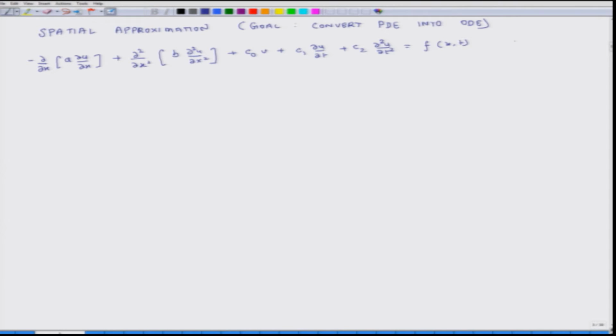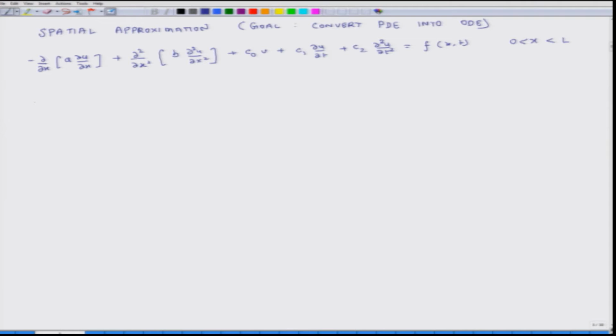This equation is valid for values of x which lie between 0 and L. And then of course, there are boundary conditions and initial conditions which we had listed in the last lecture. For purposes of brevity, I am not going to write them here.